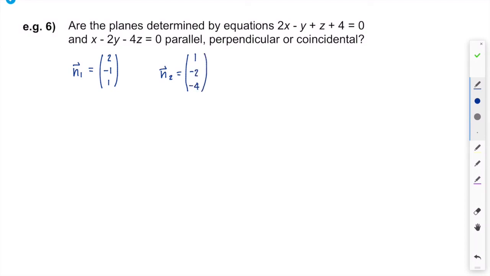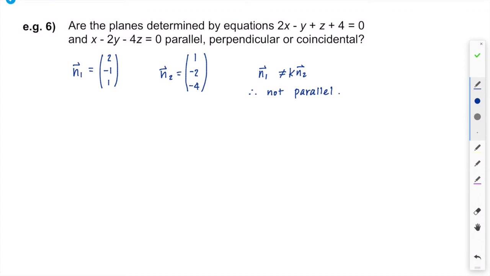By inspection, we notice that n1 cannot be written as kn2. They're not scalar multiples, and therefore the planes are not parallel. So we eliminated the first case.